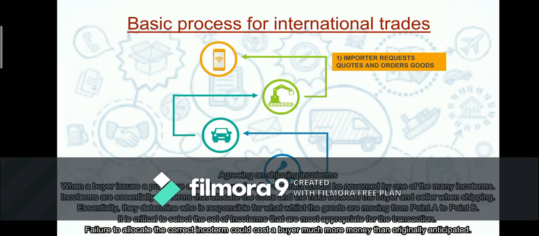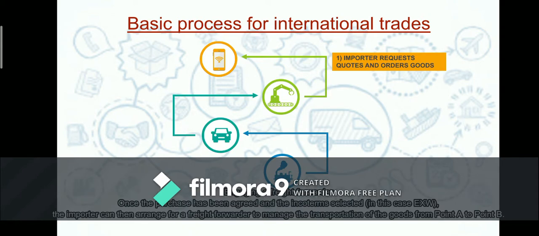Essentially, they determine who is responsible for what whilst the goods are moving from point A to point B. It is critical to select the Incoterm that is most appropriate for the transaction. Failure to allocate the correct Incoterm could cost the buyer much more money than originally anticipated.